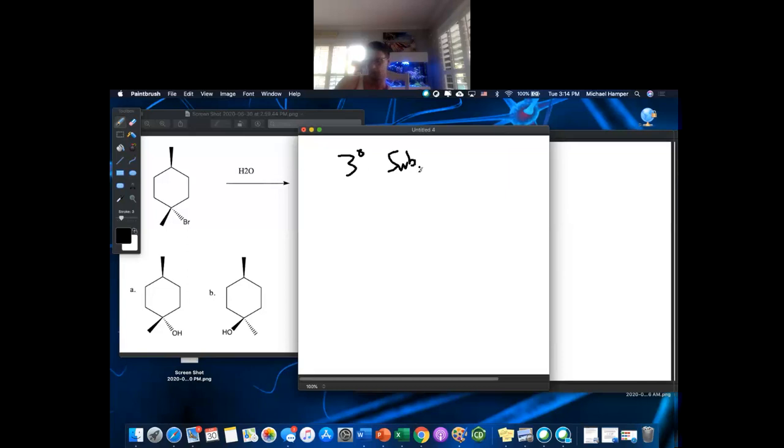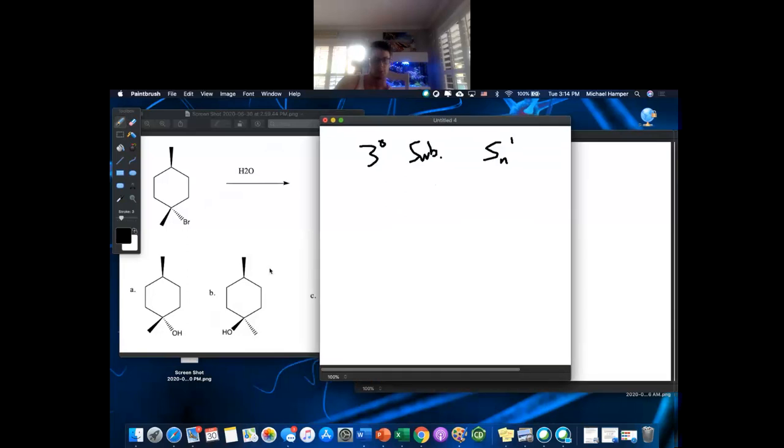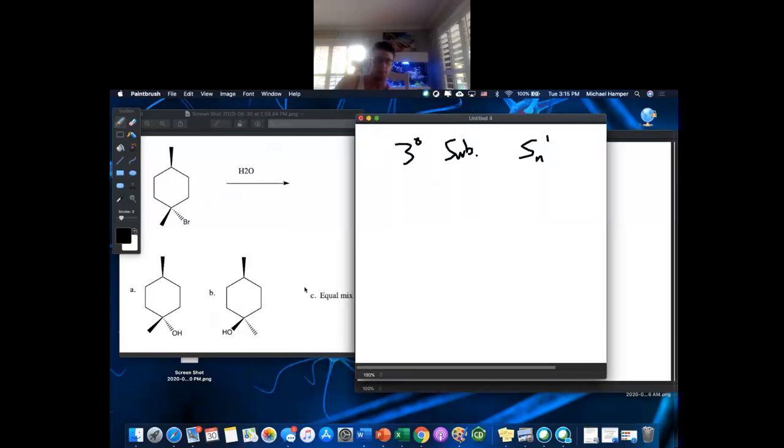What kind of reaction, SN1 or SN2, prefers a tertiary substrate? SN1. So from my rationale, will we have one of these or will we have both?